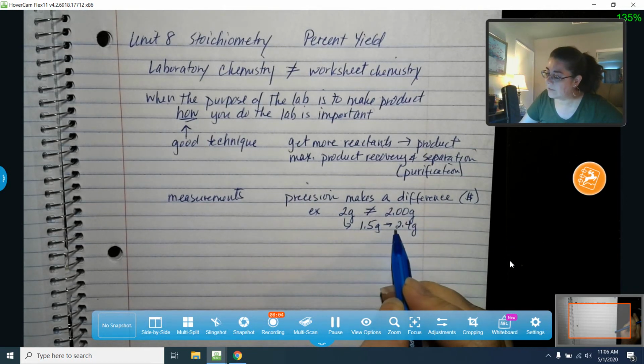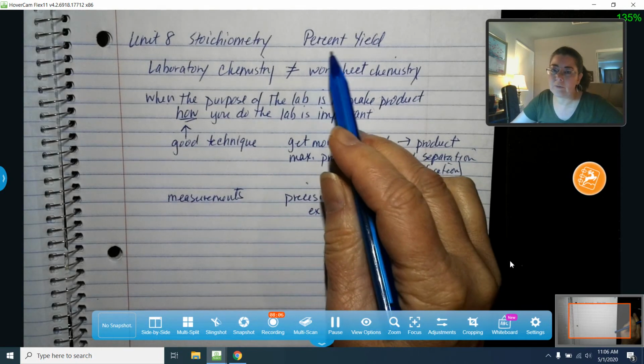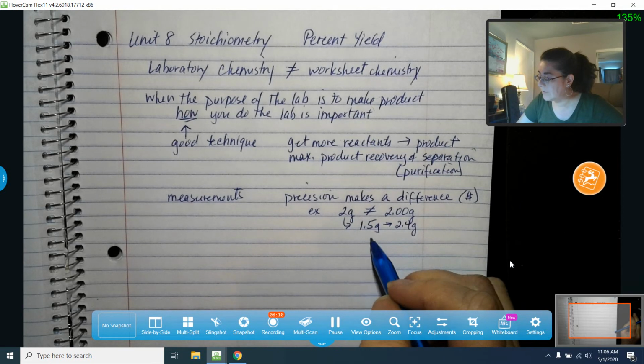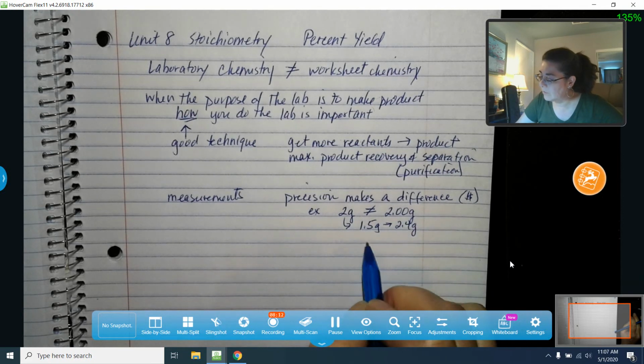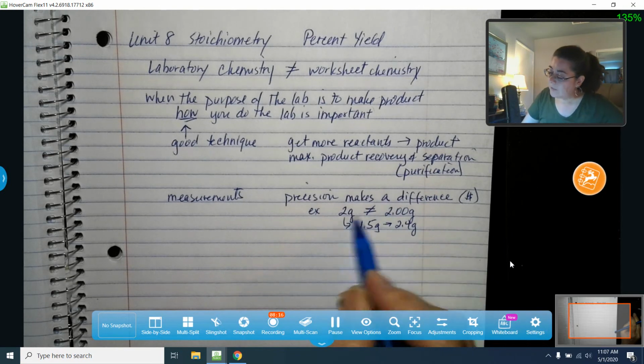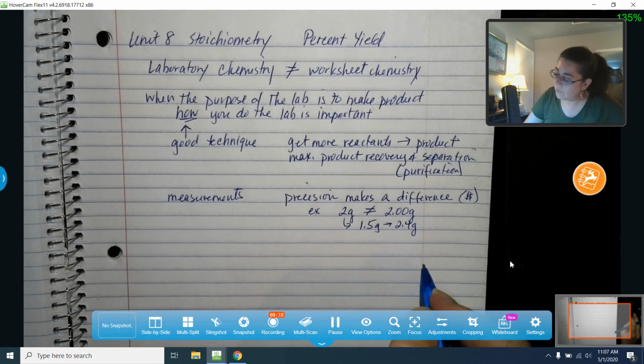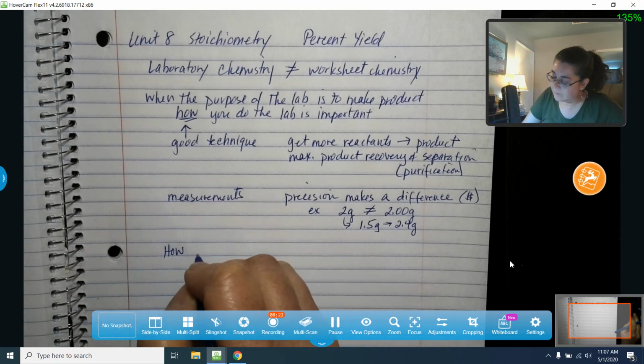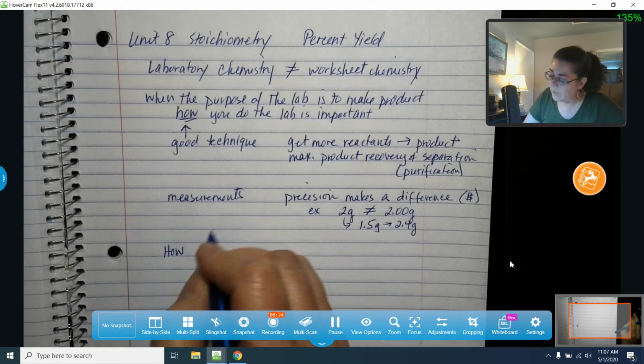And that can make a difference in how you determine your percent yield. Maybe you were supposed to make 2.00 grams, but you only made 1.5 grams. Well, that's a big difference in that small amount. So the percent yield is going to help you determine how well you did in the lab.